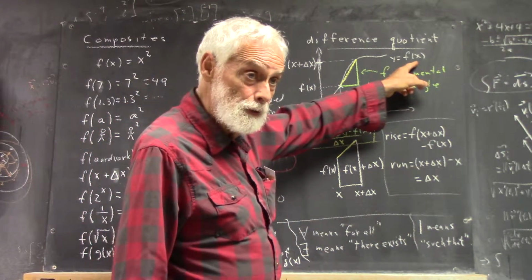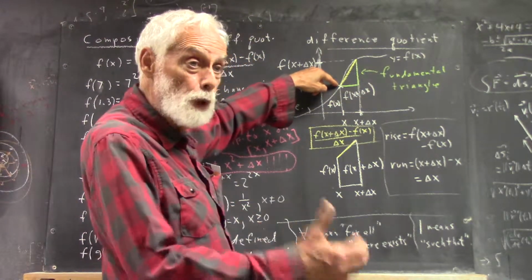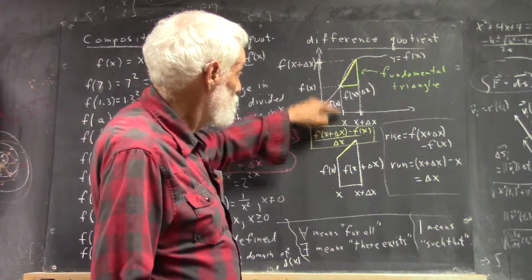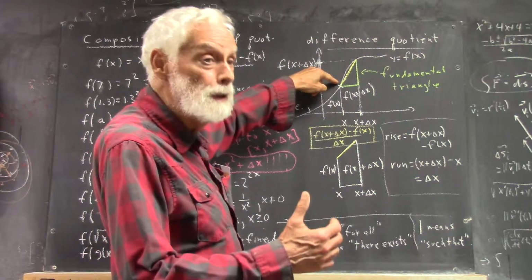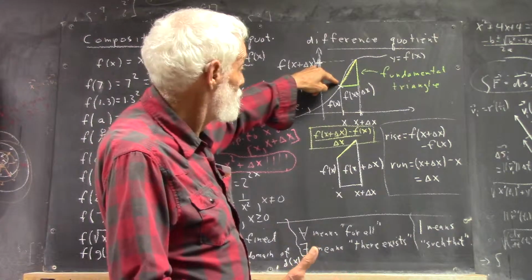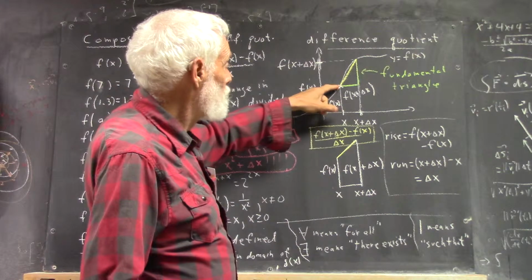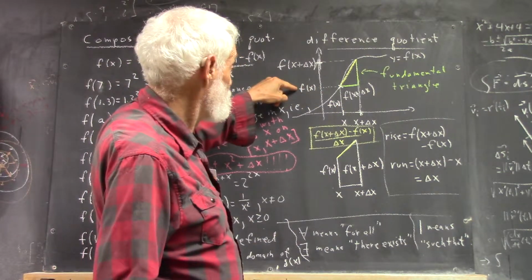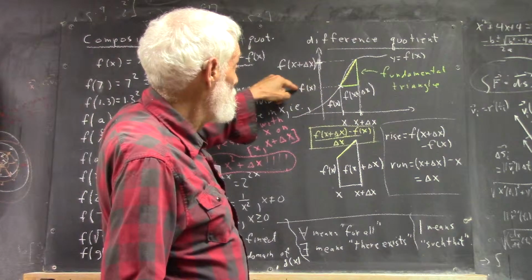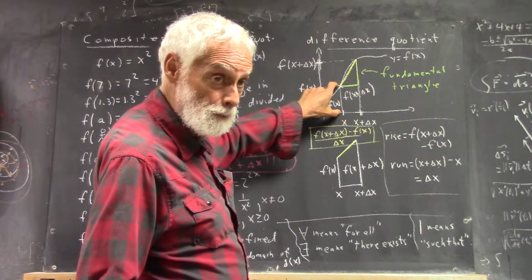Well, it should be clear that if this is a graph of y equals f of x, that the coordinates of this point are x, y. This is x, so the coordinates of this point should be x, y, so that y should be f of x. Well, if y is f of x, then that's the y coordinate, so this coordinate here should be f of x, meaning that the height of this line segment should be f of x.